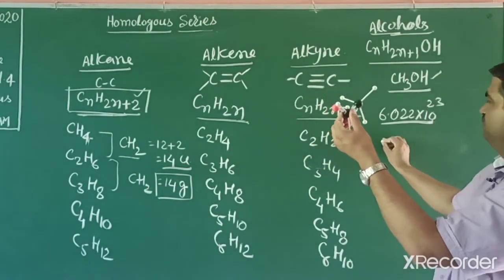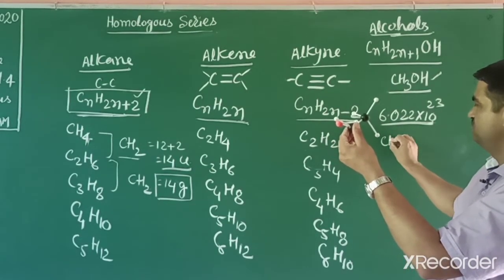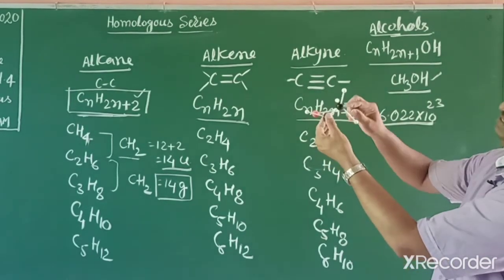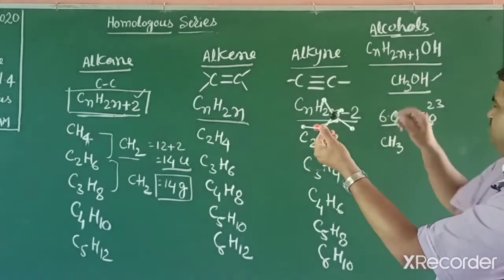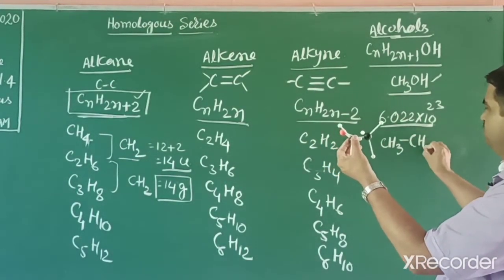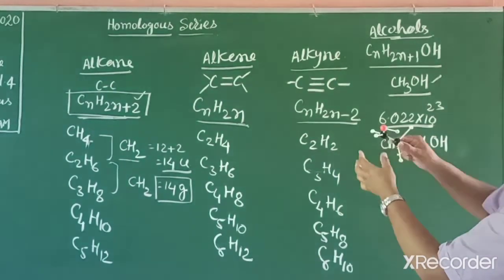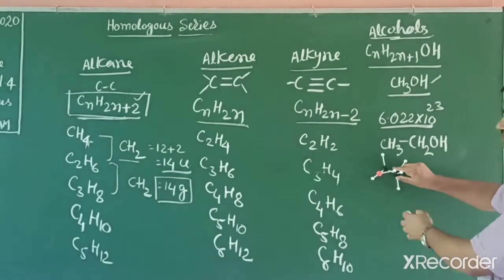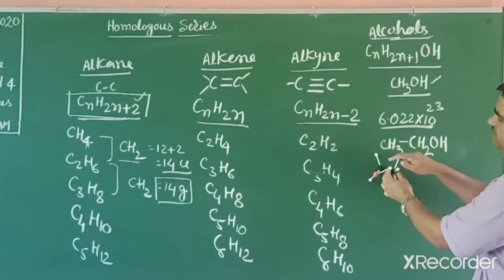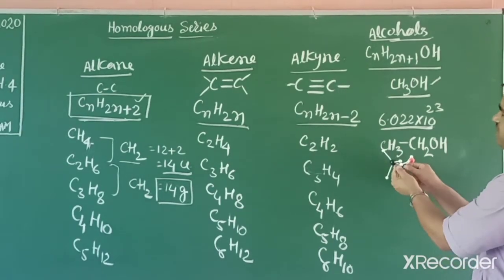So with 2 carbons, its formula is CH3CH2OH. You can see CH3, CH2OH; any side you can write like this.